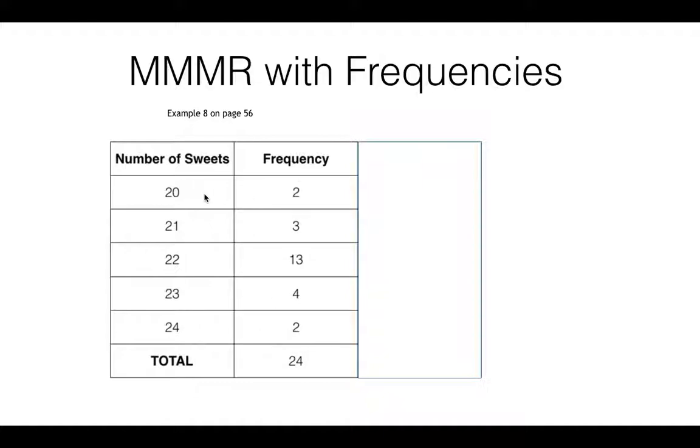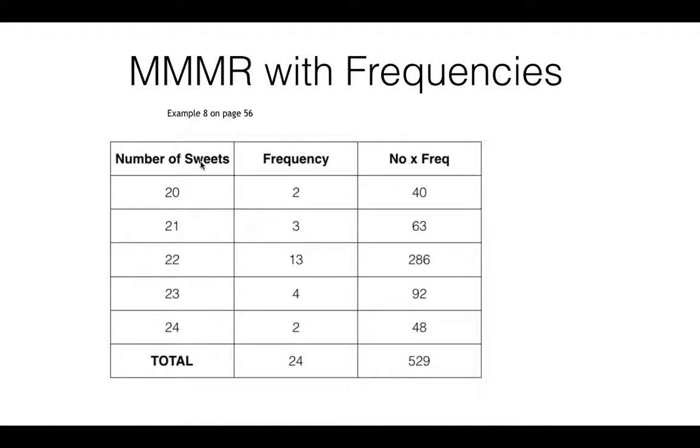So I've got 2 bags containing 20 sweets. So to find out how many sweets there are in total in those 2 bags, I need to multiply 20 by 2. So you need to do your number of sweets multiplied by your frequency. 20 times 2 gives me 40.